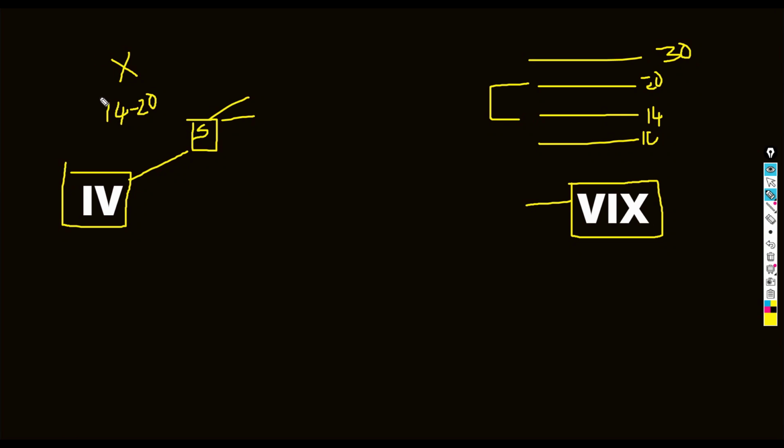Can I take it the other way? Let's say one of the strikes wherein the IV stands at 14 to 20. Can we say that the VIX will also stand at 14 to 20? Absolutely no. So both are independent. The level of VIX is, as I mentioned, 10 to 30, but the level of IV can deviate.